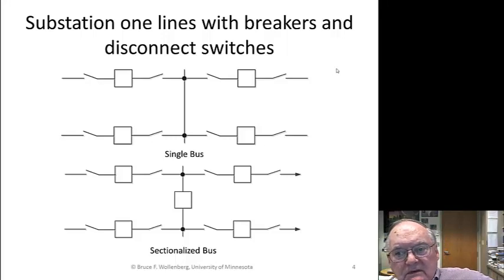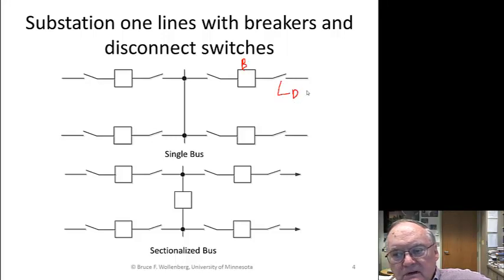Okay, within the substation we have breakers. Now again, this is one set of breakers for one phase, and there would be 3 sets of these, one for each phase. But what we want to show here is the fact that this is the breaker right here, the B, and this is called a disconnect switch.